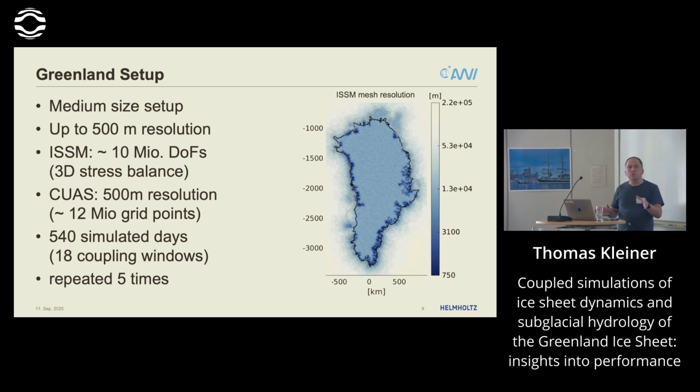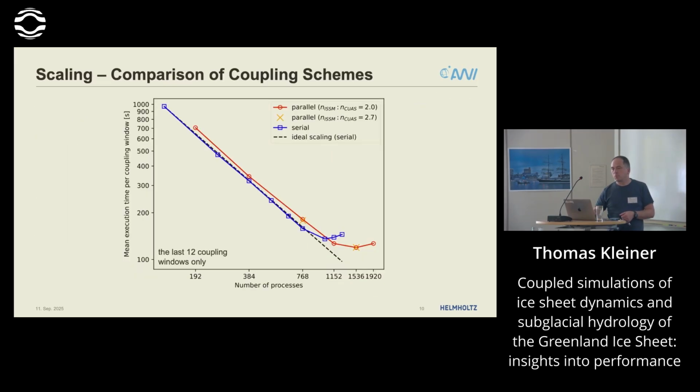Each model did its own time stepping. CUAS used 4-hour time steps, while ISSM did daily time stepping. Then we repeated all the simulations to get an average for the scaling. That's the result of the scaling analysis.